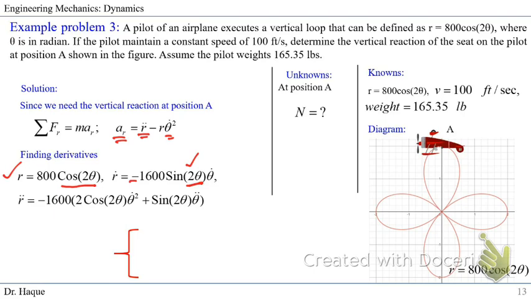So that's multiplied by 800, which is 1600, and we have θ dot, because we're taking the derivative of r with respect to t, and θ is a different variable, so we have dθ/dt, which is represented as θ dot.